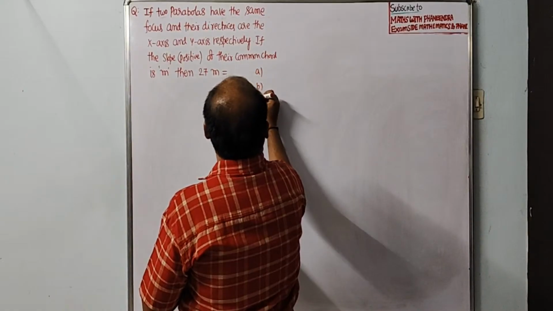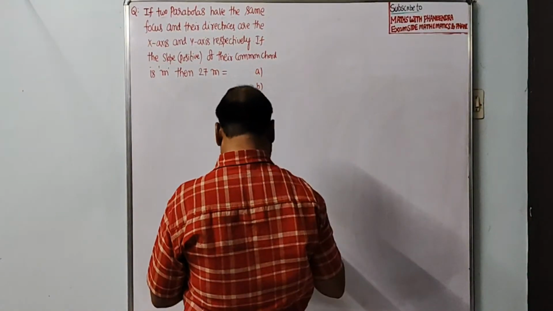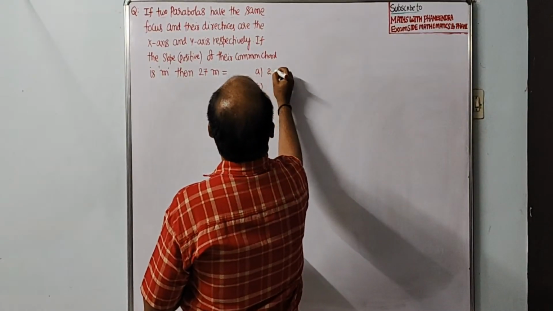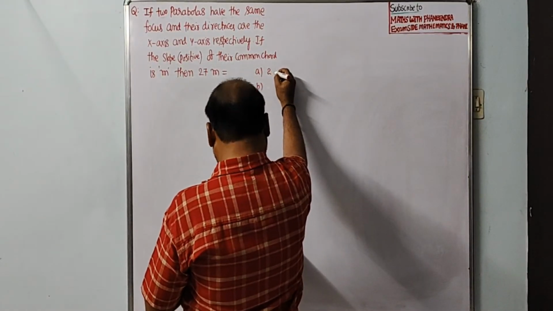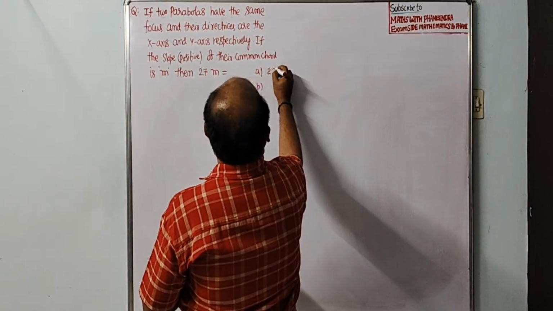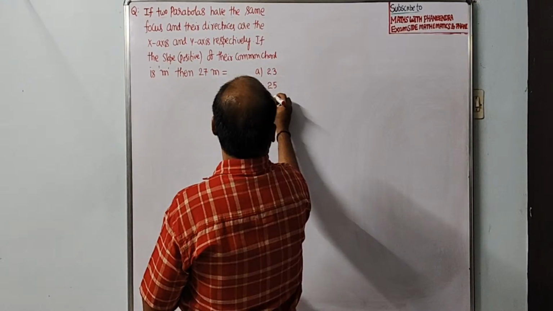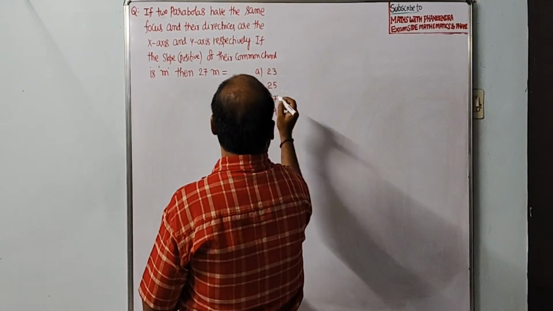So options are provided. So what are the options? 23, 25, 27 and 29.